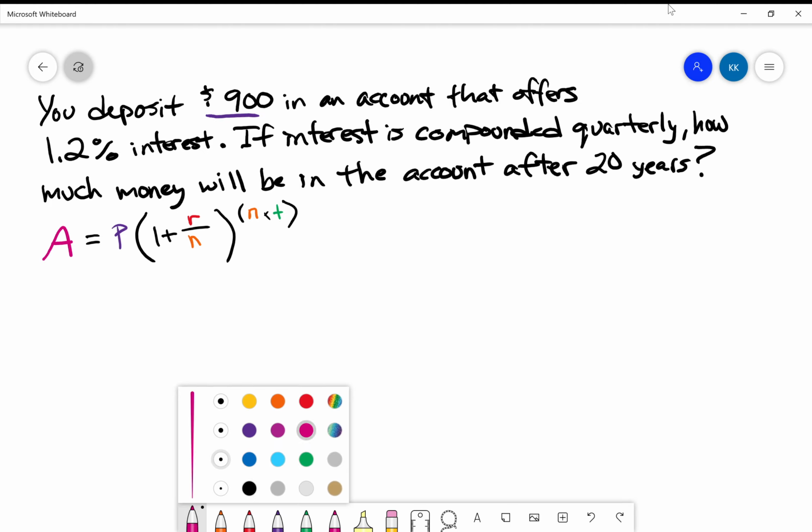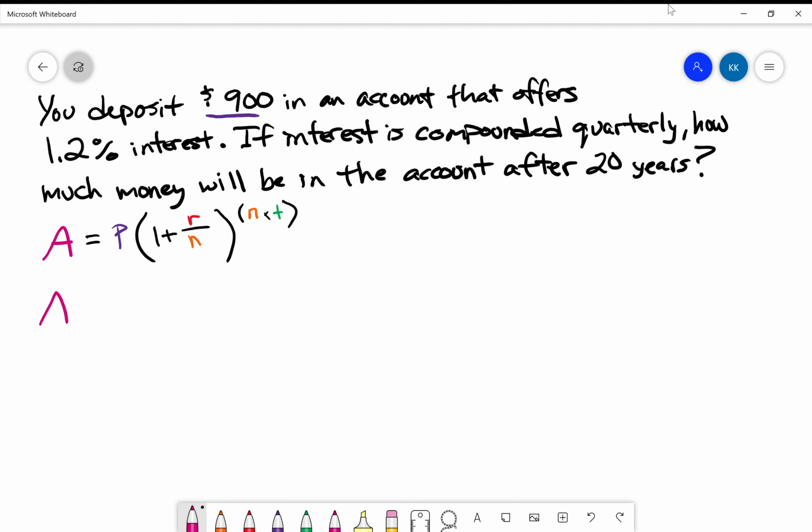So far we have A equals 900 times 1 plus. If you're wondering where that 1 plus comes from, it would take too long for me to explain that, so I'll just say that it's always going to be there no matter what. What's the interest rate? It is 1.2%.